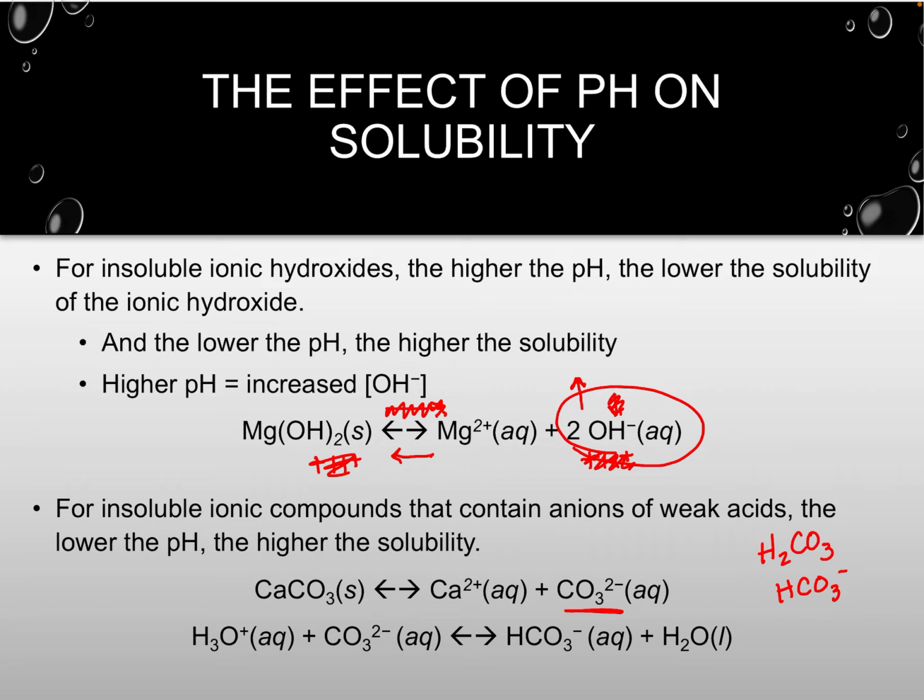Okay, so carbonate is going to be one of them that is very affected by pH. So the lower the pH, the more hydrogen ions that are in there, that will remove that carbonate from solution and it will shift toward dissolving more of that solid.